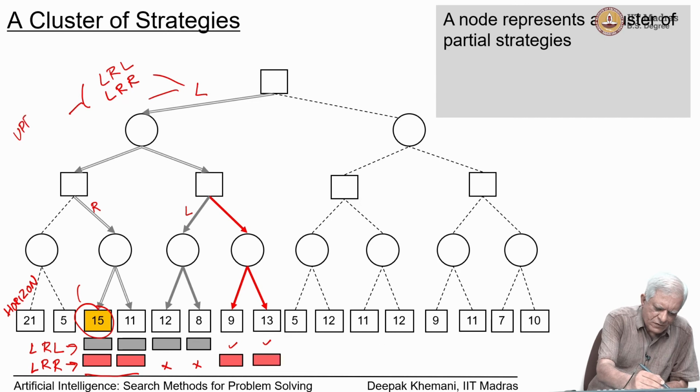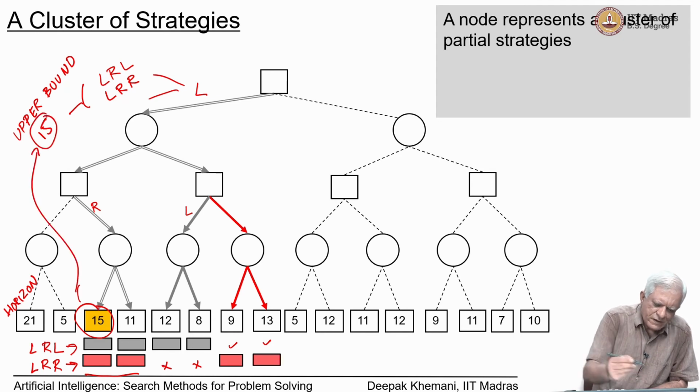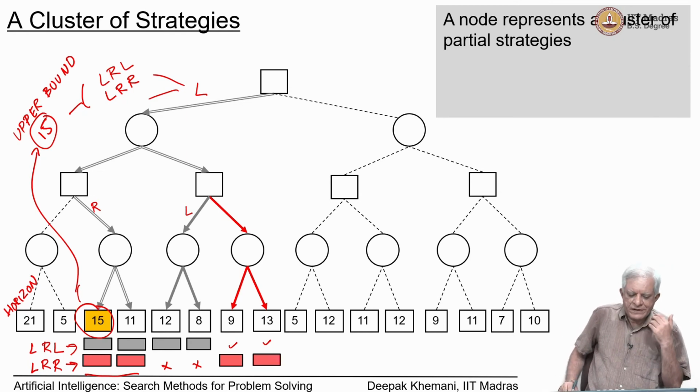Both these have this upper bound of 15. Why? Because we have seen 15, and we know that if there were any lower nodes, min will drive it to that, otherwise 15 would be the value of the strategy. So, the value of these 2 strategies LRL and LRR cannot go above 15.